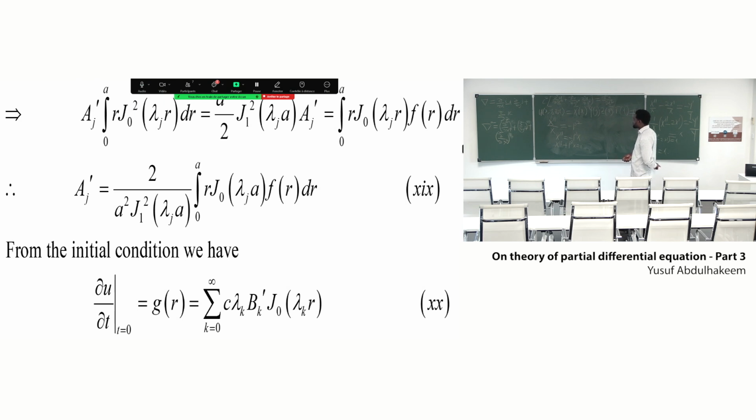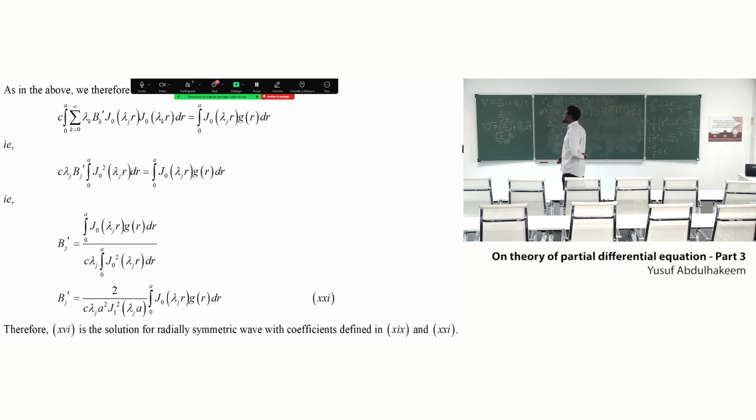Then from the initial condition, again, we are going to be applying all the initial conditions to obtain all the constants. So here now, again, from the initial condition, we have it that u_t, that is the derivative of the solution at time t equals 0, is given as this function, where we assume this function to be what we have here. So here now, we are going to make use of this for us to obtain the constant that is involved.